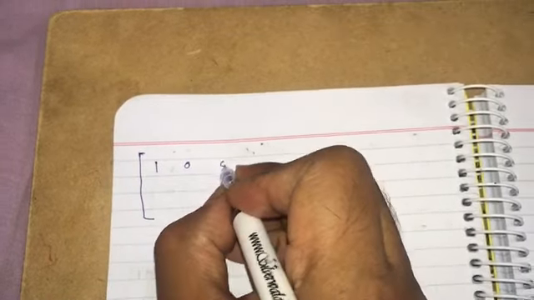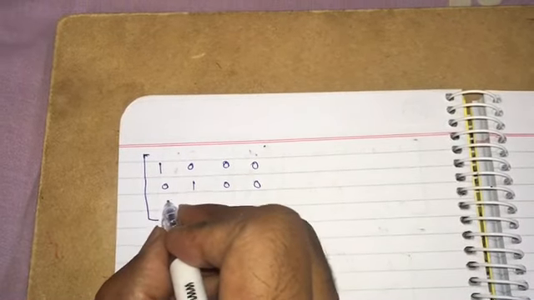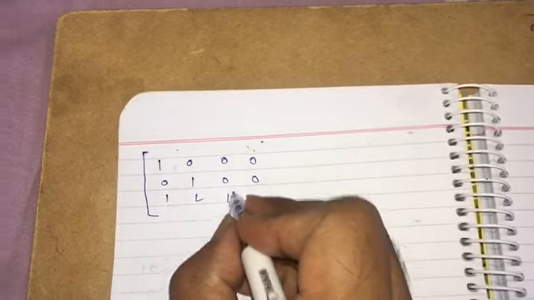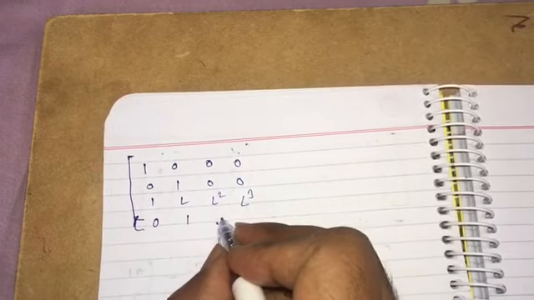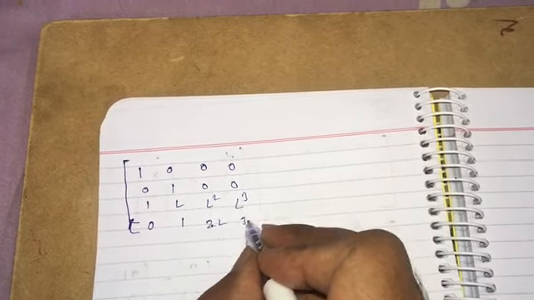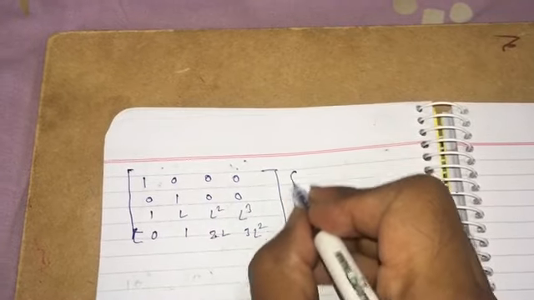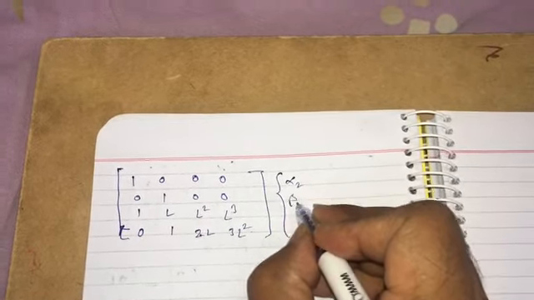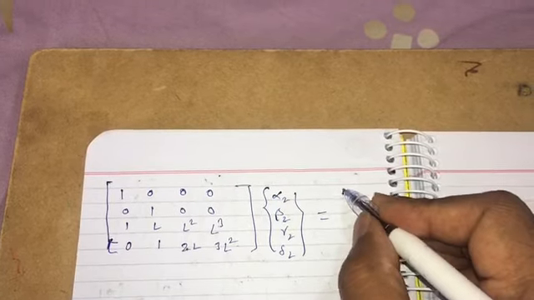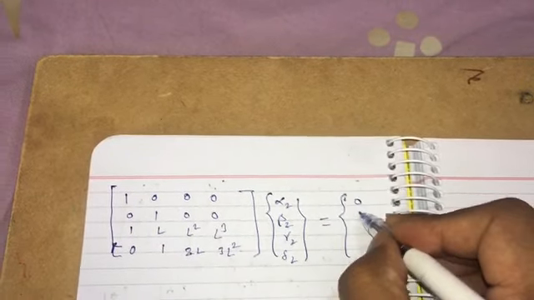In order to find N2, we need the original equation: [1 0 0 0], [0 1 0 0], [1 L L² L³], [0 1 2L 3L²], multiplied by alpha 2, beta 2, gamma 2, delta 2, equal to [0 1 0 0].